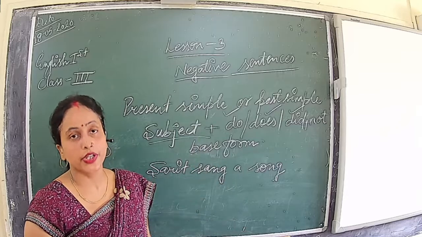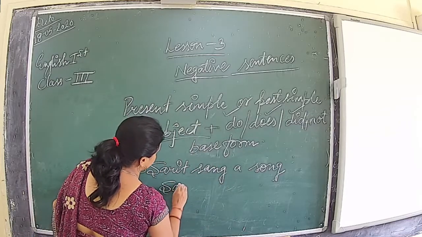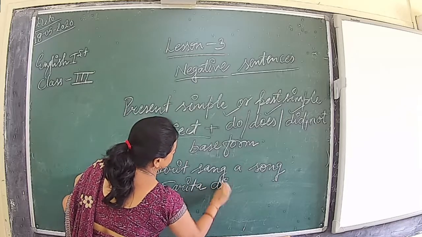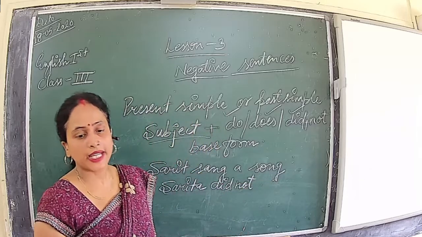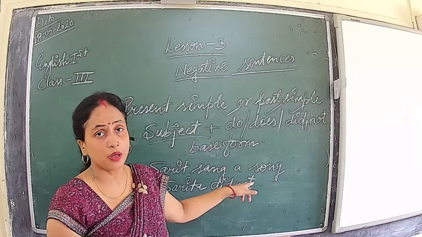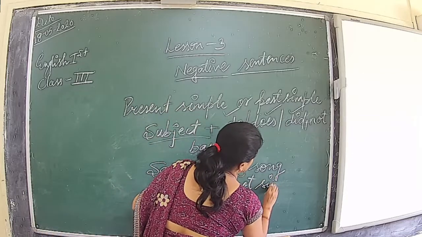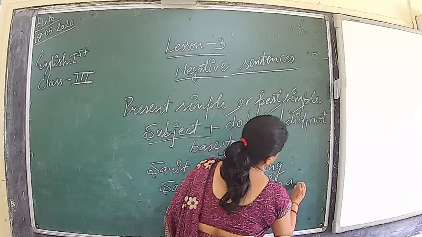We have to change it into the negative sentence. So what will it become? Sarita did not. As we have to use the base form of the verb, it will become sing. Sarita did not sing a song.